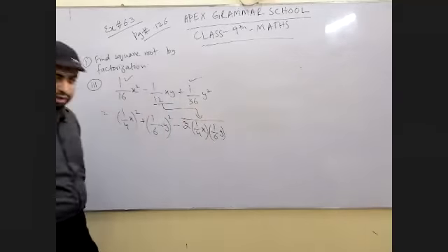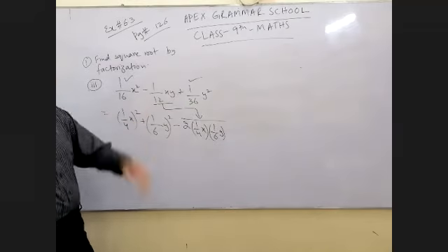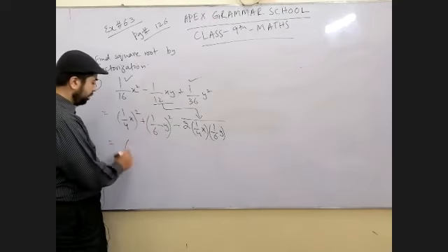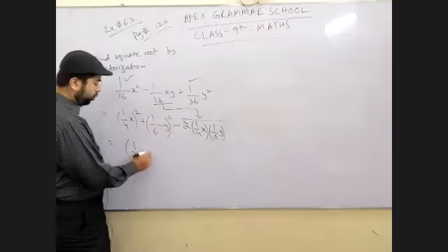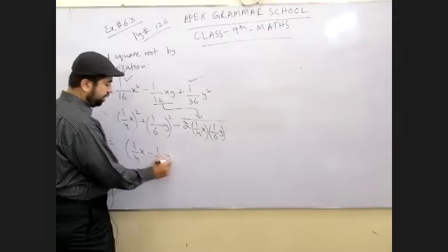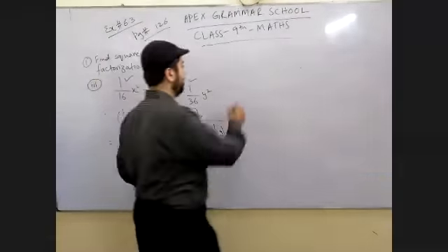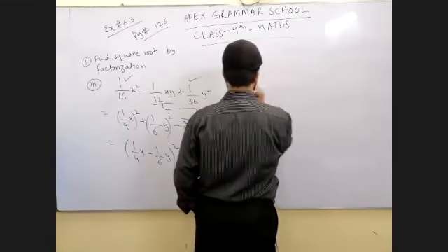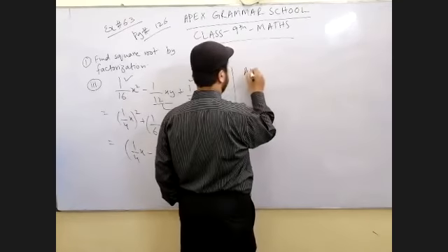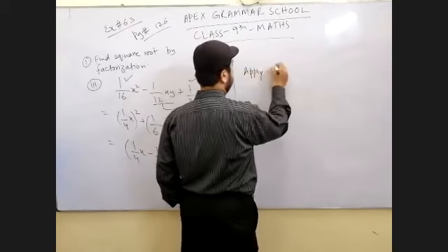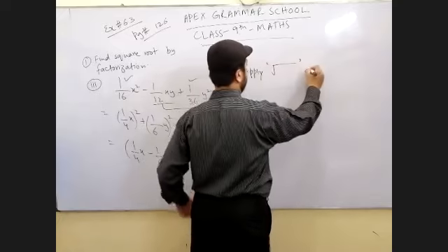Now you are left with the situation a square plus b square minus 2ab. So this will be the complete square of (1 over 4x minus 1 over 6y) whole square. Now just apply square root on it and you have the answer. Apply square root on it.